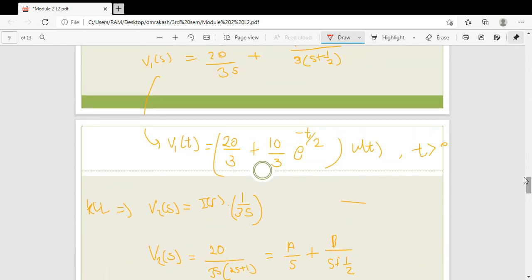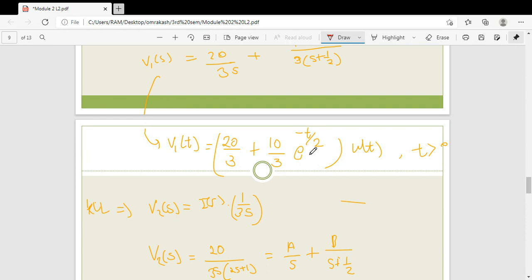Similarly, when you put t equal to infinity, this value becomes 0. Now what did I tell you in the equation? Any response has two parts in the total output, a steady state and a transient, right? So this is the transient, which is observed only for some particular time period, right?